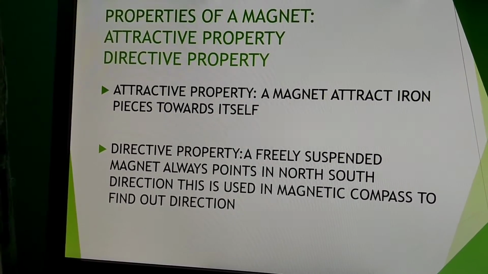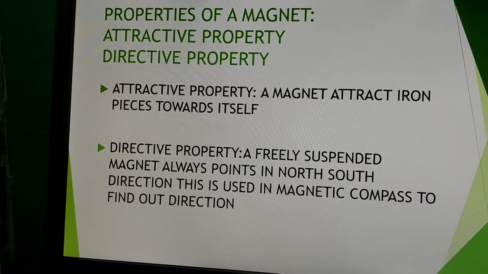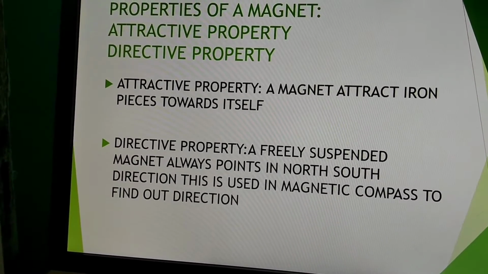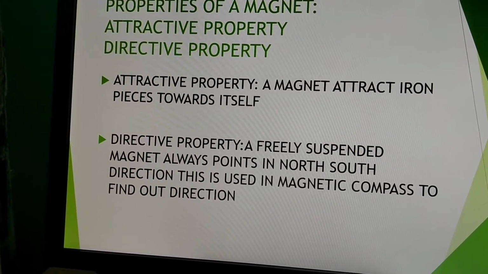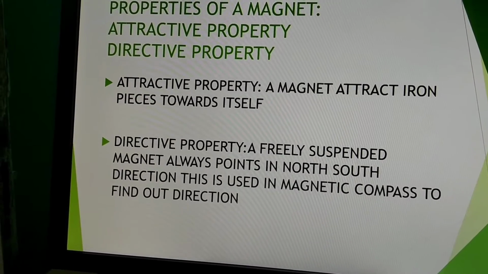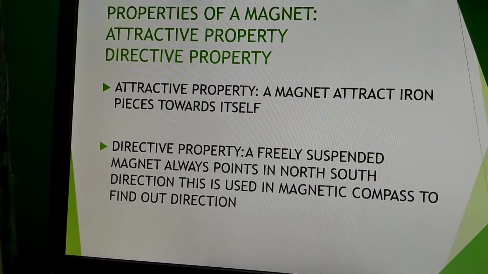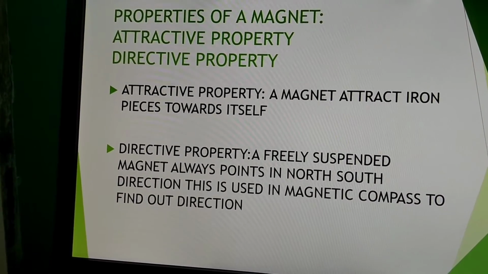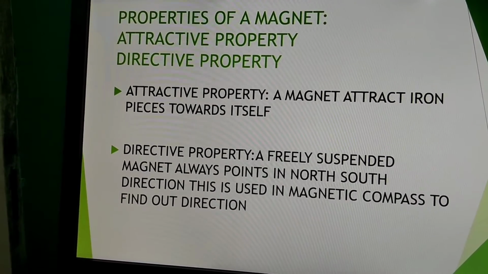Directive property: a freely suspended magnet always points in north-south direction. Once north-south direction is known to us, we can find out the other two directions. This property of magnet is used in making a magnetic compass. As you all know, we use a magnetic compass to find out direction.